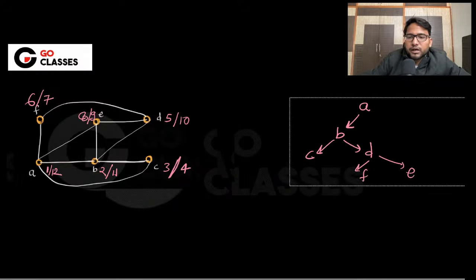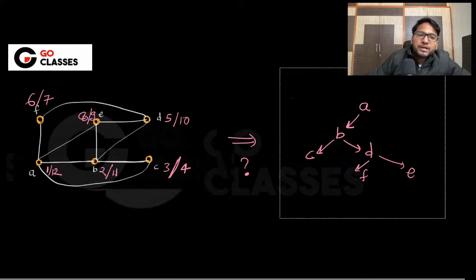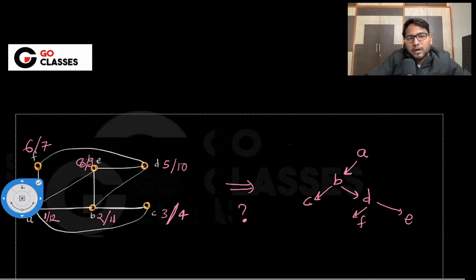If that is the question, how will you solve it? One way is, okay, this is 1, this is 2, this is 3; you can traverse back and use your intuition. But there is a very nice theorem which can relate these two. I hope you understood the question.